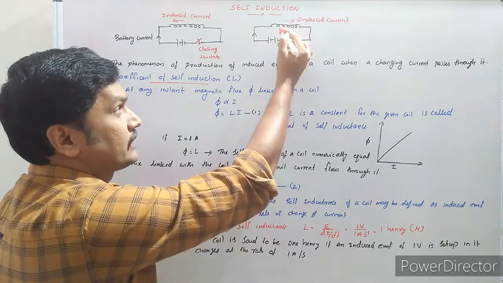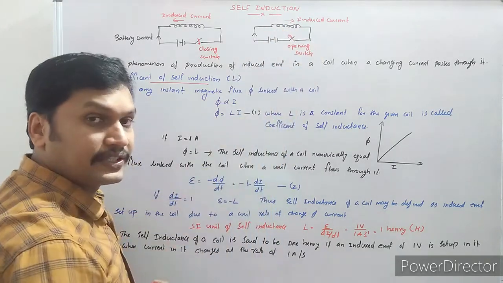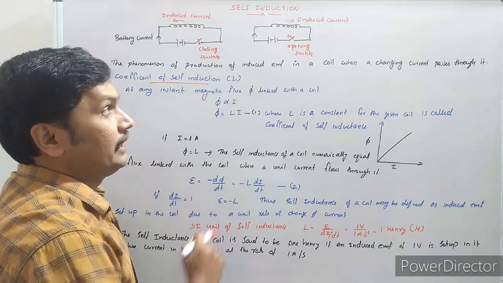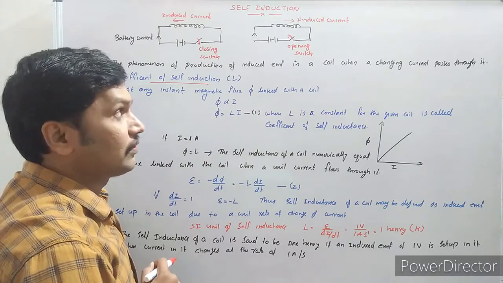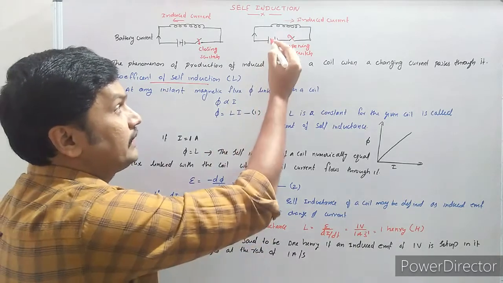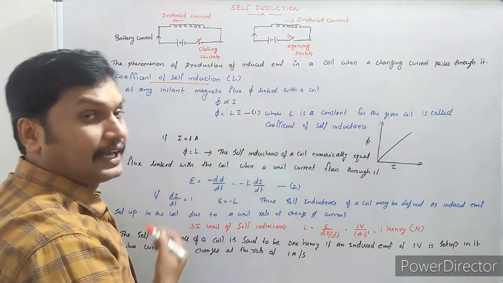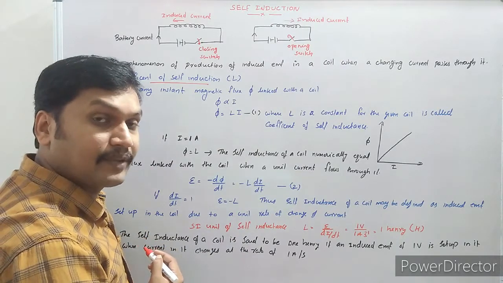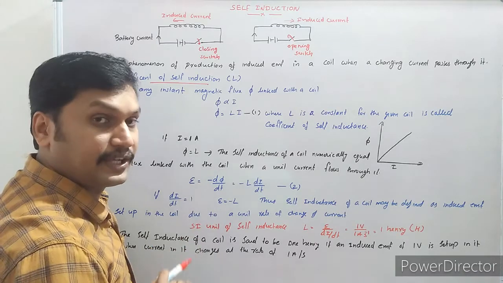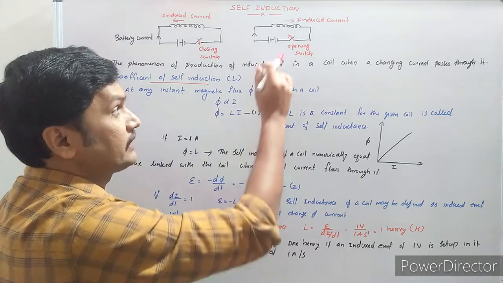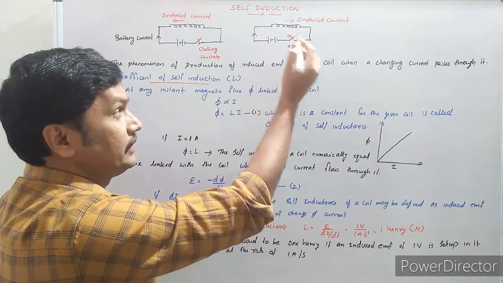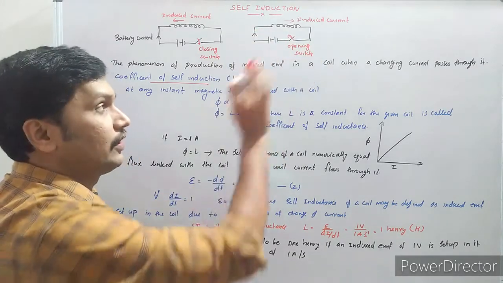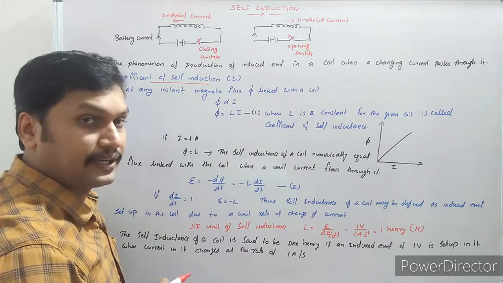So the magnetic flux associated with the coil decreases. At the same time, an induced current develops in this coil in the direction of the battery current, in order to oppose the flux change. So again an induced EMF and induced current are developed in this coil when you open the switch. This phenomenon is known as self-induction.